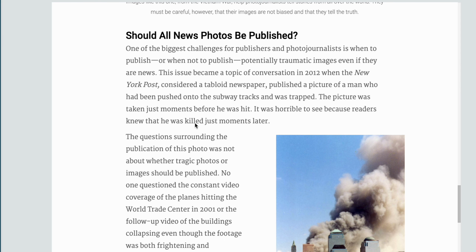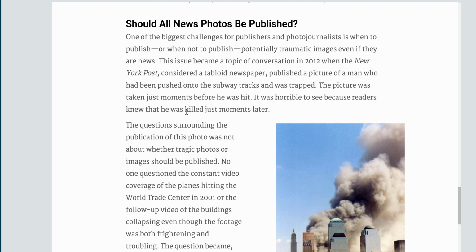So photographers need to check, number 1, whether this photo will add to the picture, to the story or no. Do they respect the privacy of the people who are appearing in this picture or in this story or no? So not all news photos should be published, of course.